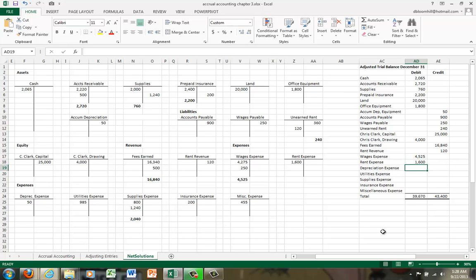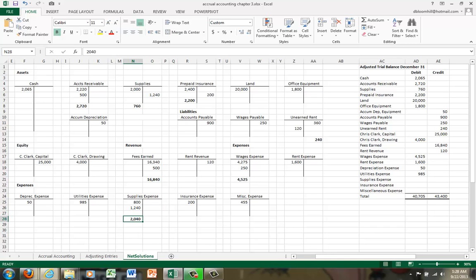Next we have depreciation expense, $50 on the debit side. Utilities expense, $985 on the debit side. Supplies expense, we don't care about the $800 and the $1,240.